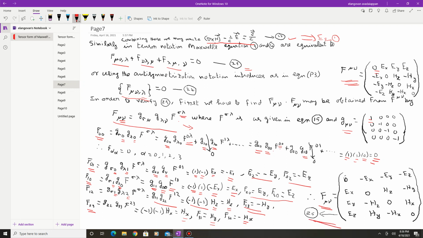So from the contravariant one, you can get the covariant components by this process. Once you know the covariant components, then we can easily verify equation 14.